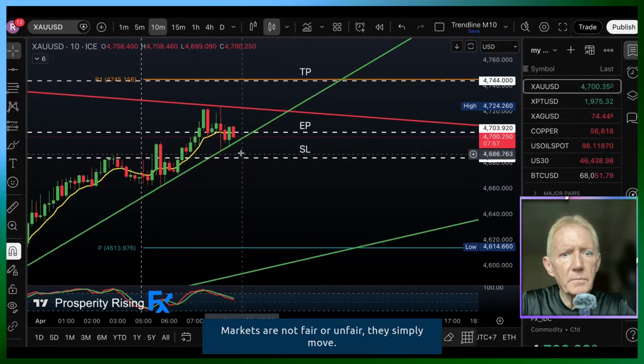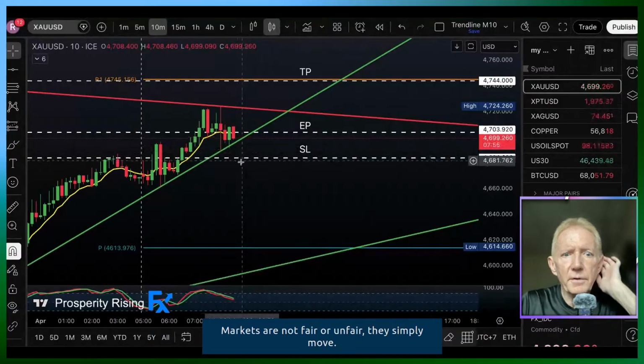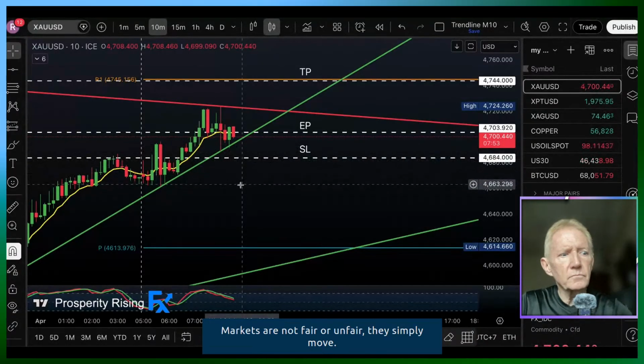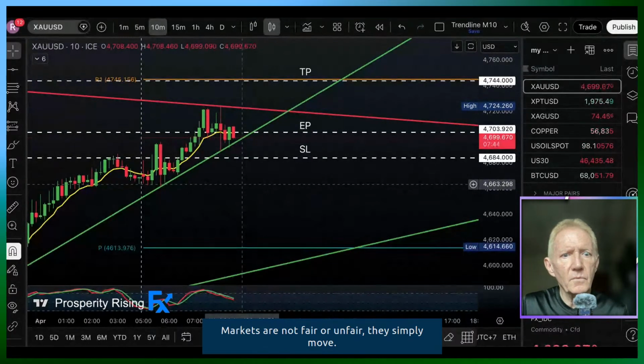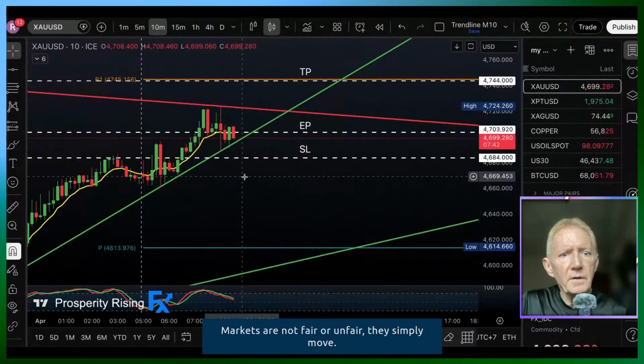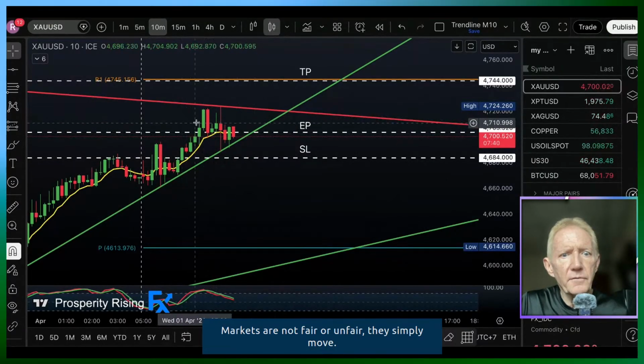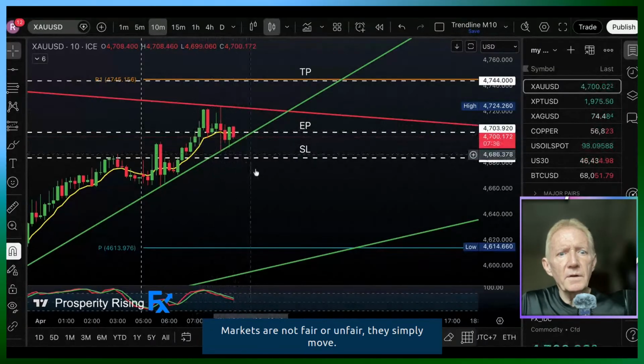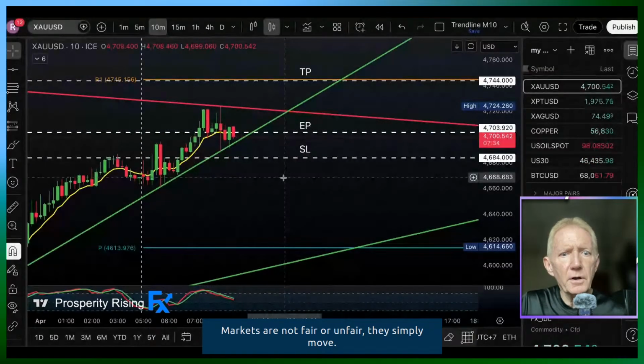And I have good breathing room with a stop loss here. But it's at 4,700 now. Of course, we're getting that structure being built around 4,700. All these candles here, like they're huddling around the campfire.